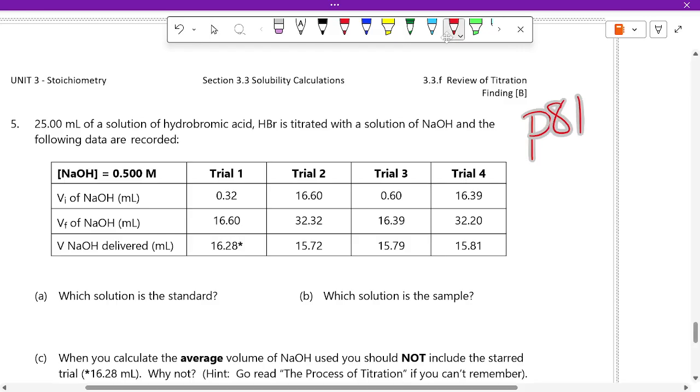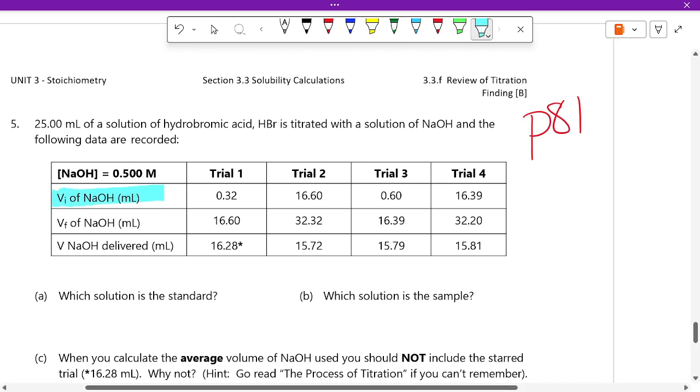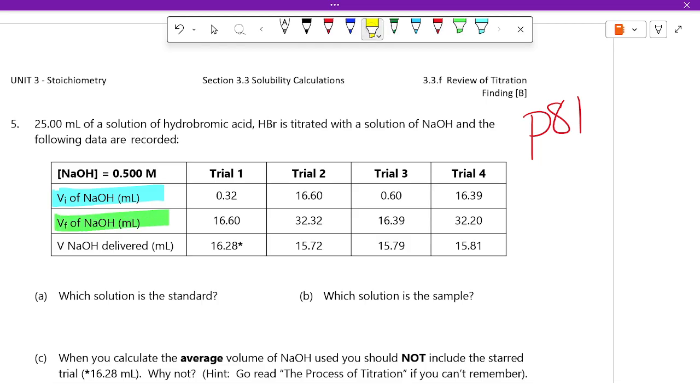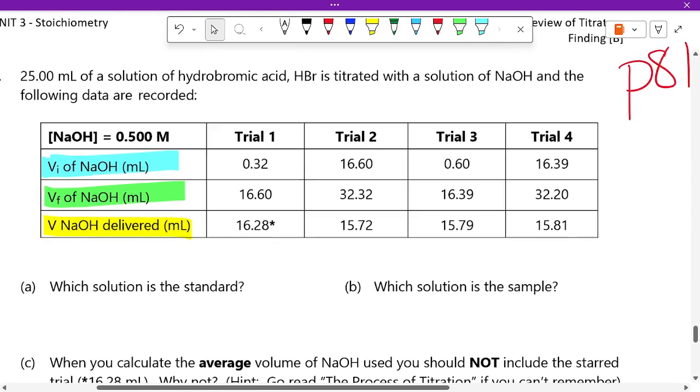We have our initial volume of the NaOH, our final volume of the NaOH, and then the NaOH which has been delivered into the flask. And we've done 4 different trials. And we are told the concentration of the NaOH here.